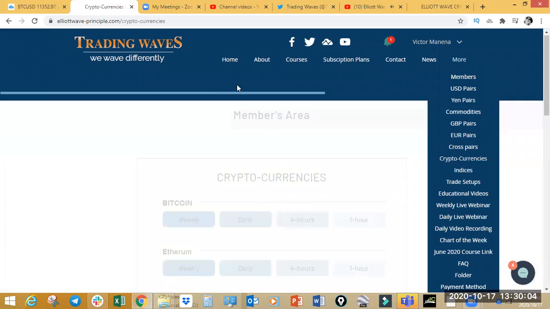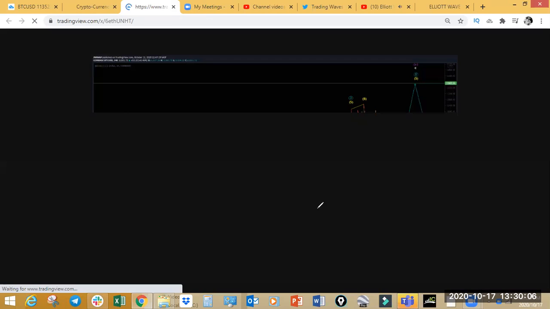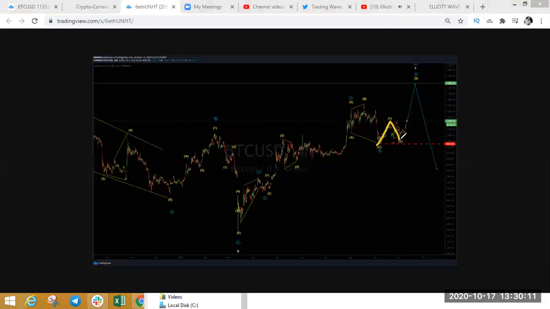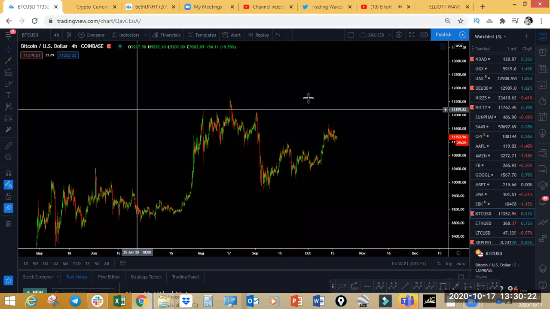So this is going to be showing you the forecast for upside. So this is the upside forecast. The assumption here is that this is a 1, 2, and this is the 1, 2, 3, 4, 5 structure here. Okay, so we need to see if that is the case. But if we look at the rest of the structures, let's look at this. How are we going to know that this is going to continue to the upside?